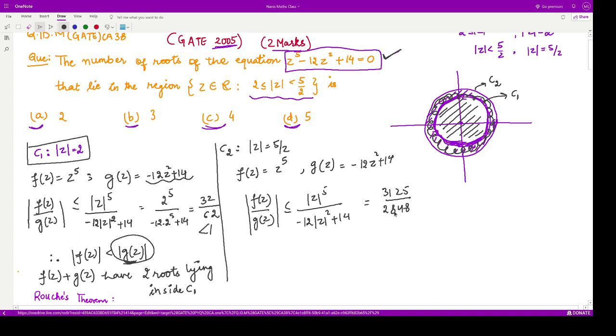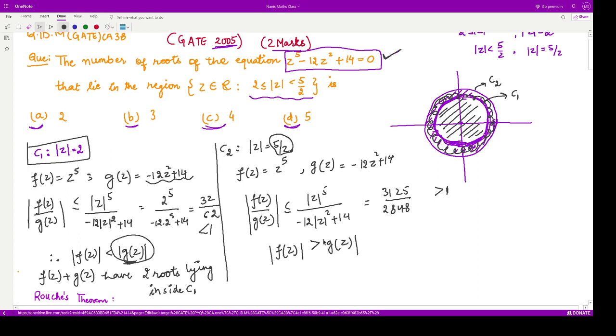How did you get this? When you substitute mod z equal to 5 by 2 in this particular expression. Now this quantity is obviously greater than 1. If this is greater than 1, that means the modulus of f of z is greater than g of z.